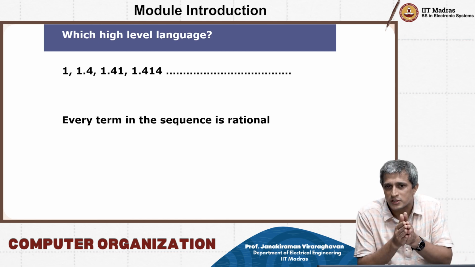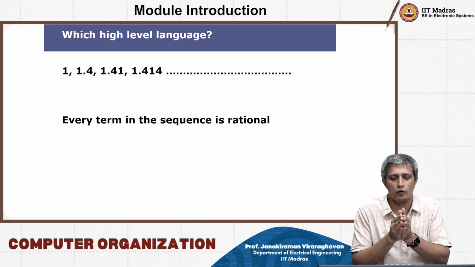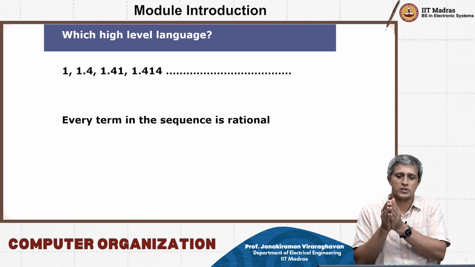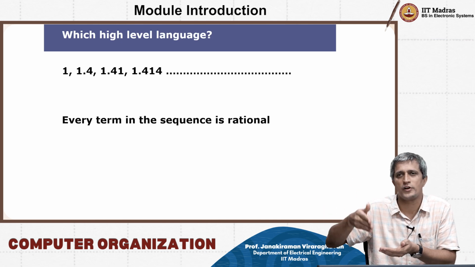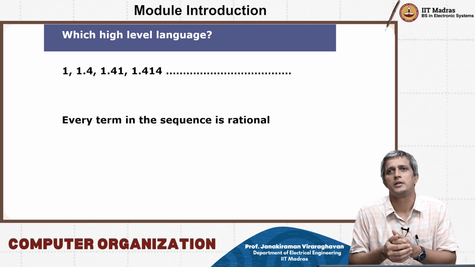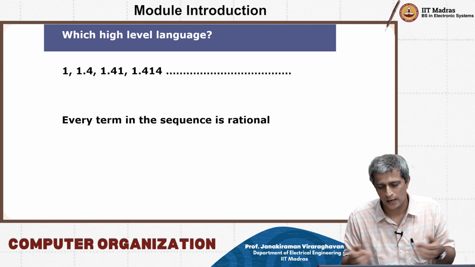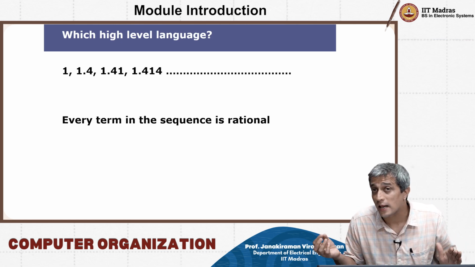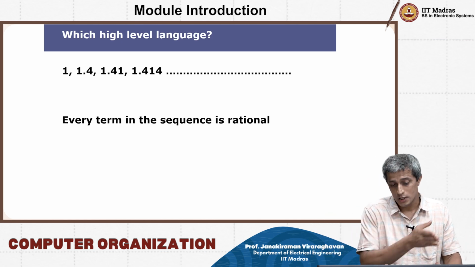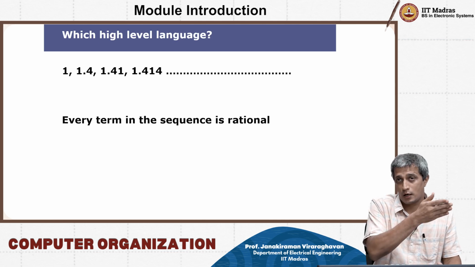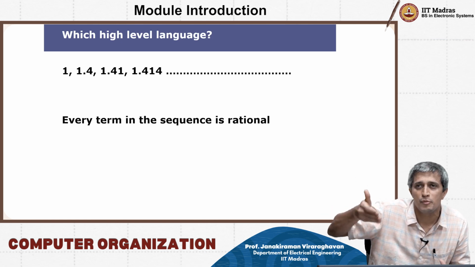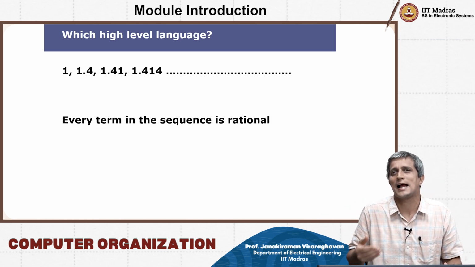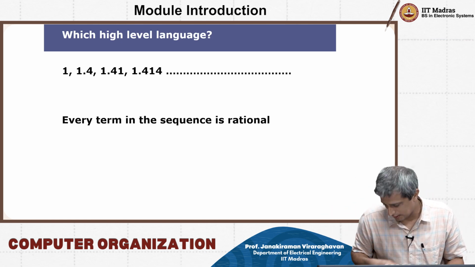Every term in this sequence, 1.4, 1.41, 1.414, because these have fixed digits after a decimal point, is a rational number. But root 2 is an irrational number. So this sequence converges to an irrational number, though every term in this sequence is a purely rational number.